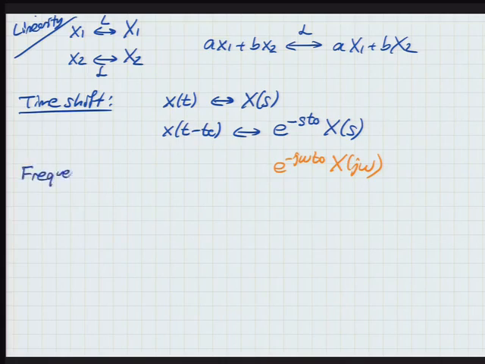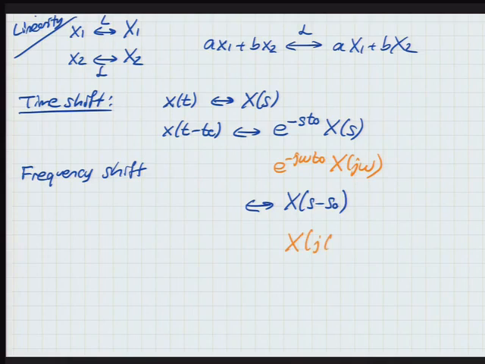Frequency shift. So what would I have to do in the time domain to get X of s minus s naught? Let's see if you can guess. Let me ask you the Fourier version of this. What would you have to do in the time domain to shift the spectrum to the right by omega naught?